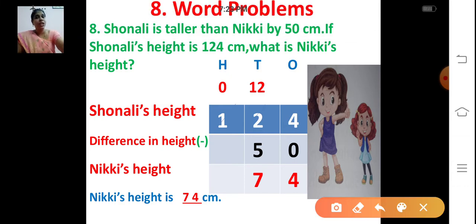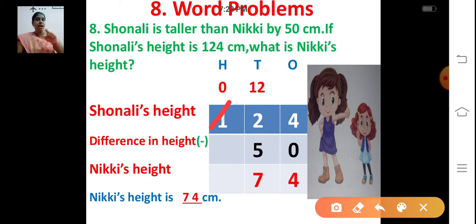Now, next we have to subtract the tens place. Can you subtract 2 minus 5? Is this possible? We cannot subtract a bigger number from a smaller number, right? So in that case, what do we have to do? We borrow 1 from the next place to the left, that is the hundreds place. So my hundreds place will become 0 and my tens place will become 12.